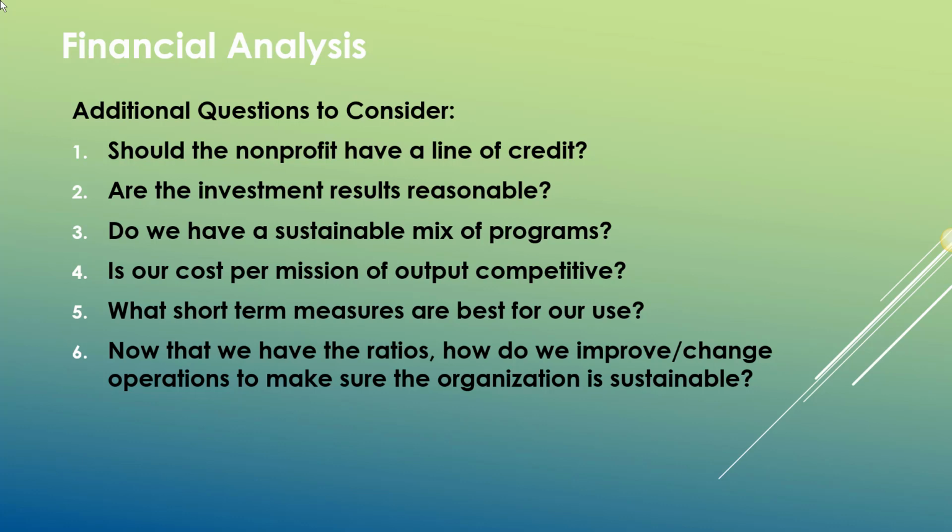Do you have some CDs that are included in those current assets? Are they current if it's a 9-month CD or a 6-month CD? Number 6, now that we have the ratios, how do we improve or change our operations to make sure the organization is sustainable? Once you've calculated all these numbers and you say, okay, this means this, this means that, then what are you going to do about it?